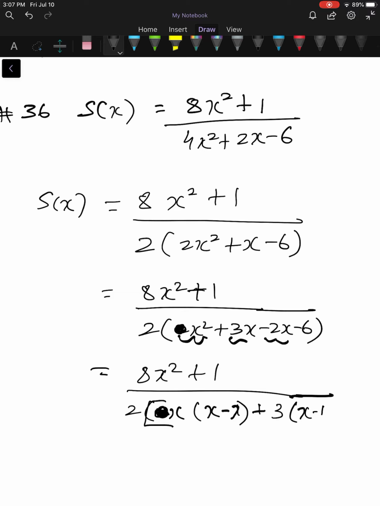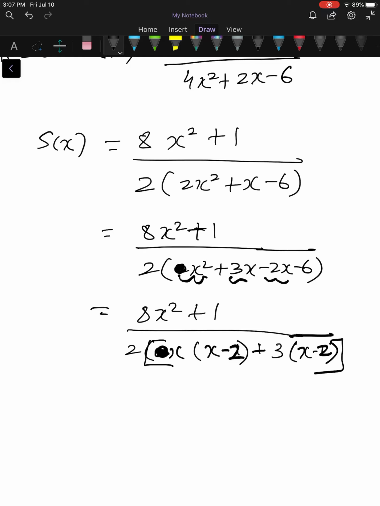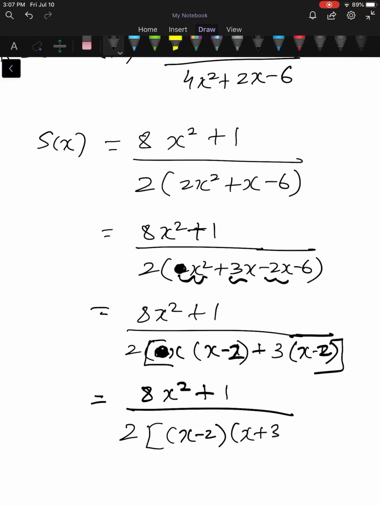So now I have x minus 2. I took out 2 common, so I just retained the leading coefficient. That was wrong on my part. Okay, 8x square plus 1 divided by 2 times x minus 2 times x plus 3.